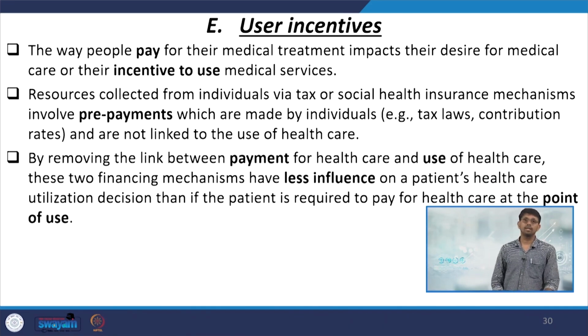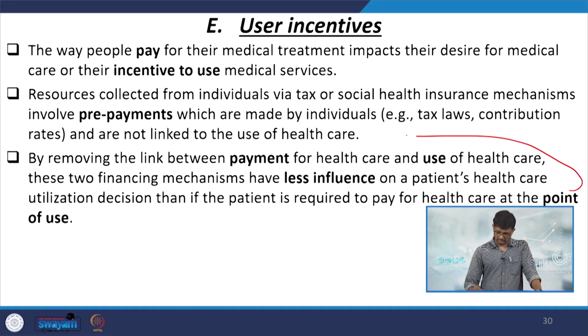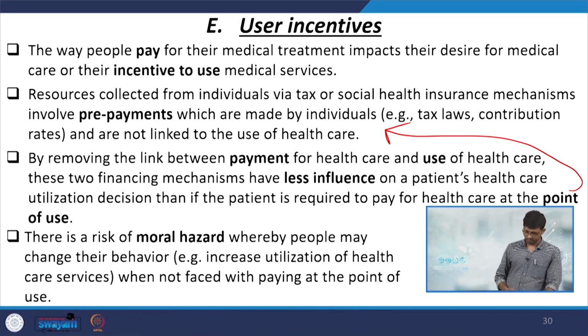By removing the link between payment for healthcare and use of healthcare, these two financing mechanisms have less influence on healthcare utilization decisions than if the patient is required to pay for healthcare at the point of use. So, basically we are trying to say the point of use guarantees quality more than prepayment. You can check prepayment versus point of payment.